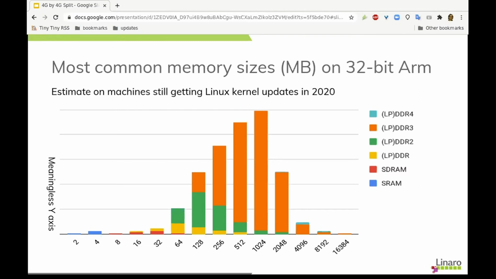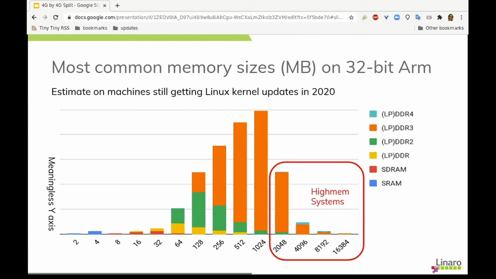But it turns out that most of them don't actually have more than 1 gigabyte of memory. So only the ones on the right of the screen are actually affected. These are the ones that use some amount of Highmem, and everything to the left doesn't, as long as we make the VM split so that a whole gigabyte can be mapped.